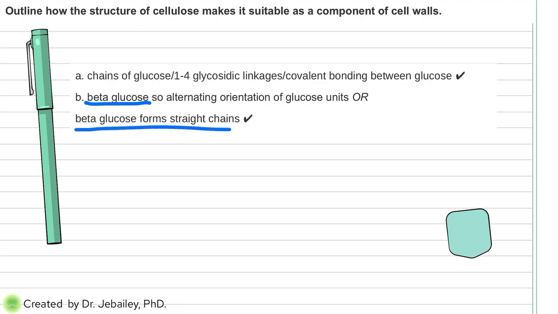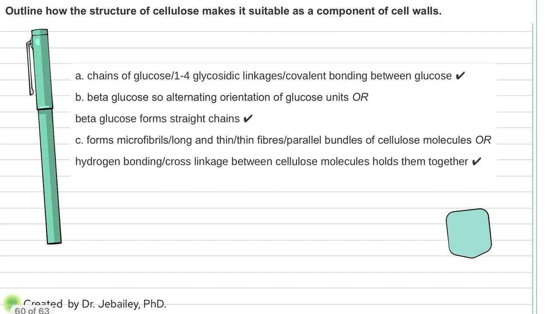So you can say it forms straight chains, which form microfibrils, parallel bundles of cellulose molecules, and hydrogen bonds, the cross-links between cellulose molecules, hold them together. Now this is more detail, and of course many students will never know about this. So the only thing you need to know is they form microfibrils, which basically makes the structure of the walls much stronger.